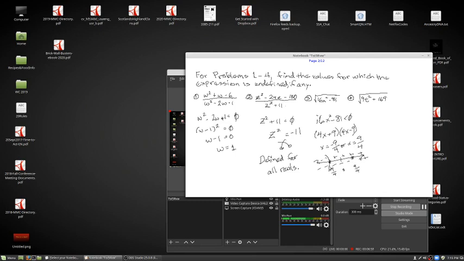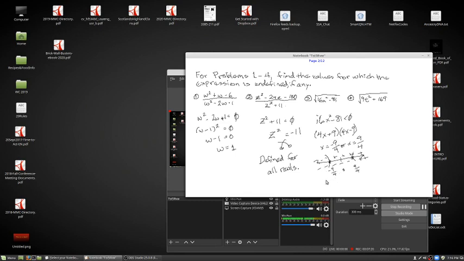Where we have two negatives multiplied together, that ends up being positive. And where we have two positives multiplied together, that's also positive. So it's in between the two roots where this product is going to be negative.